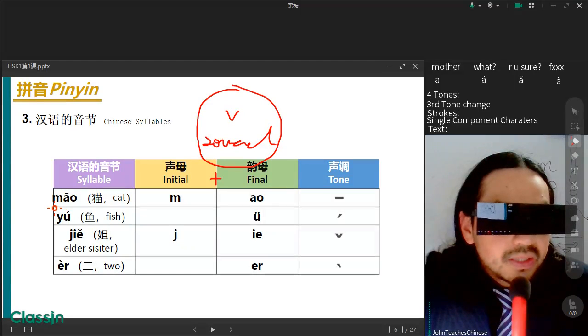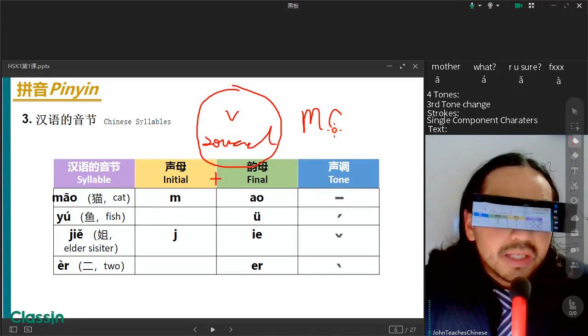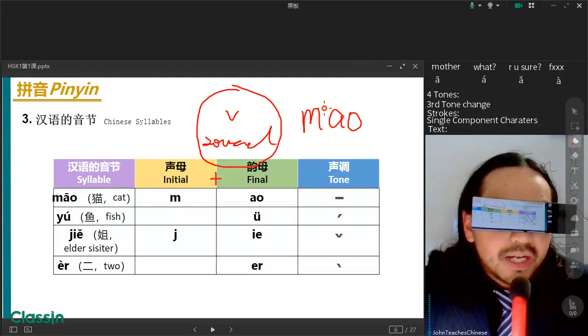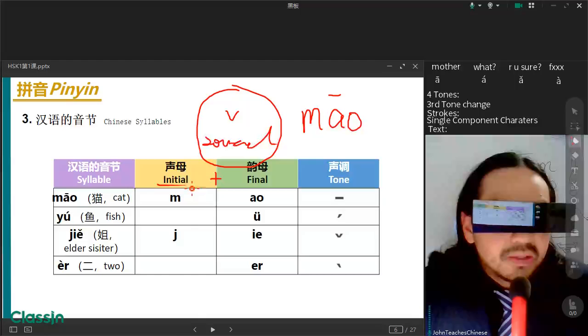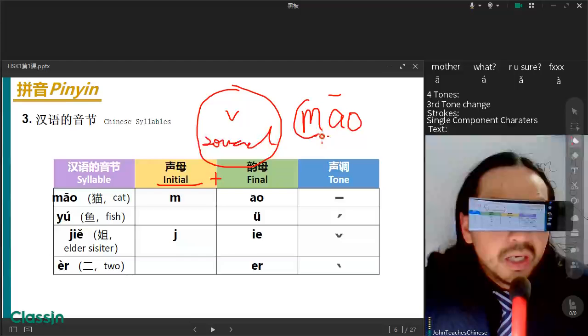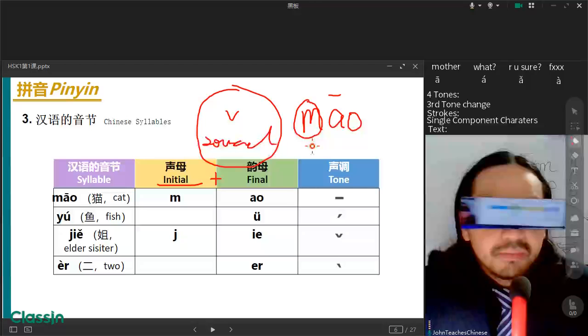As you can see, the first one is mao. Let's first see how it is written. The initial, as it indicates at the beginning, is m, which almost equals the English m.